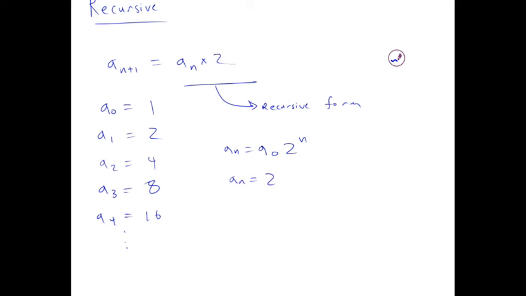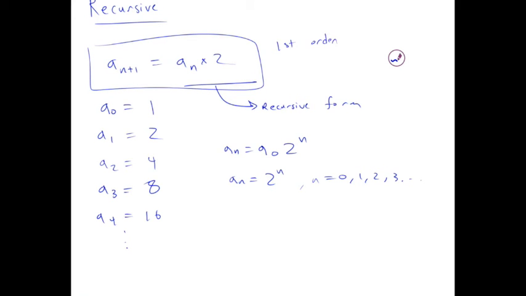So a sub n equals 2 to the n, with n 0, 1, 2, 3, and so on. So this is called a first order recursive sequence, because it only depends on the term right before it. If it depended on a term that was 2 steps before it, then we'd call it a second order sequence.